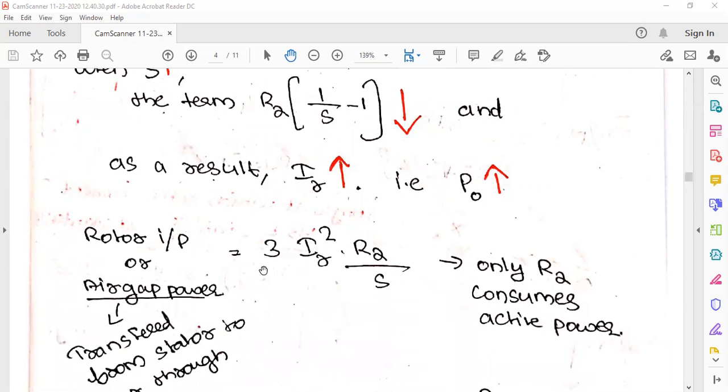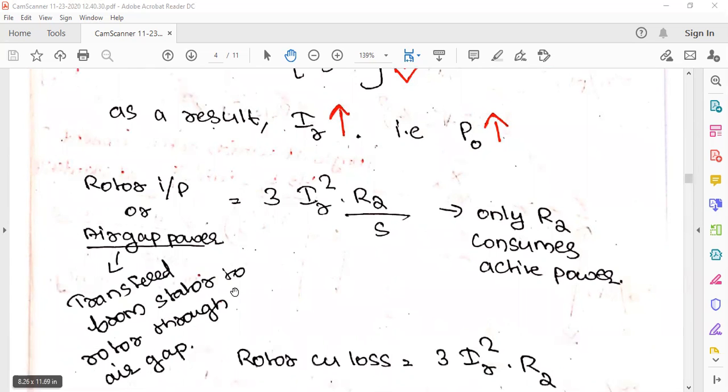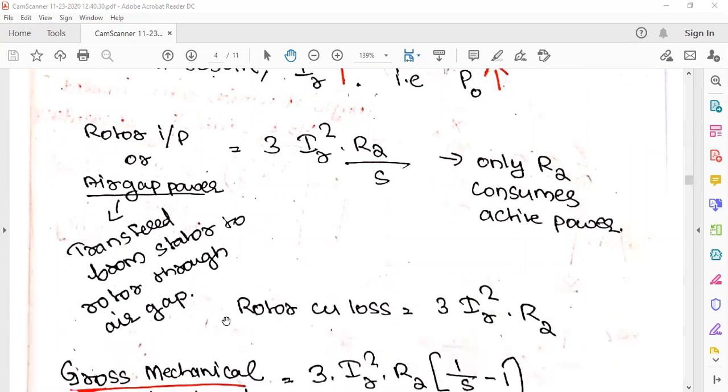And we have the equation for the rotor input, which we also call the air gap power, because it is transferred from stator to rotor through the air gap. That follows Faraday's law of electromagnetic induction, Lenz's law, everything. Due to the relative motion, the power will be induced and transferred from stator to the rotor through the air gap.